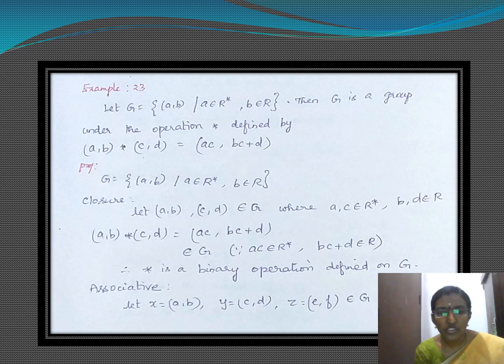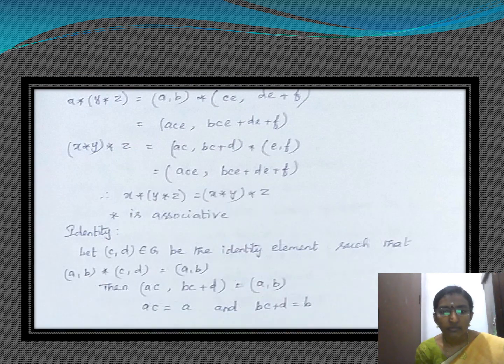Then let me check the associative property. For this, we have to collect three elements x equal to (a, b), y equal to (c, d), z equal to (e, f). First calculate the left side. (x star y) star z equal to (ac, bc + d) star (e, f), which is equal to (ace, bce + de + f).